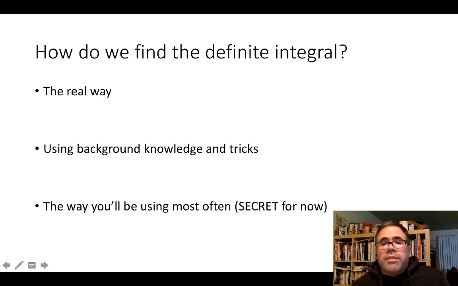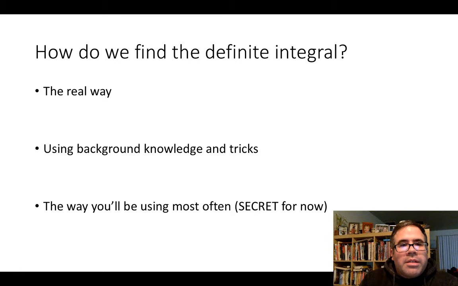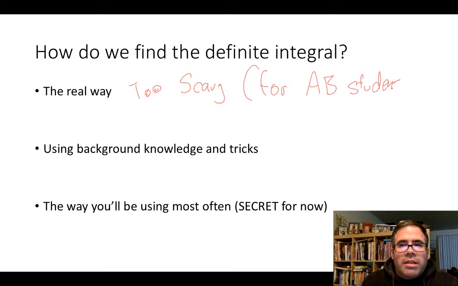Now, how do we find the definite integral now that we've introduced it? Well, there's the real way, which is too scary for you. And by you, I mean for AB students, because actually generating that limit with limit notation requires a lot of knowledge about series, and we're just not going to touch series at all.